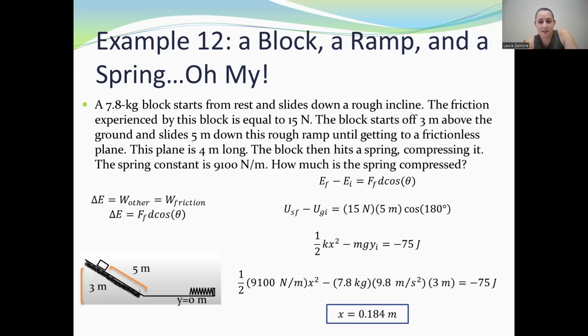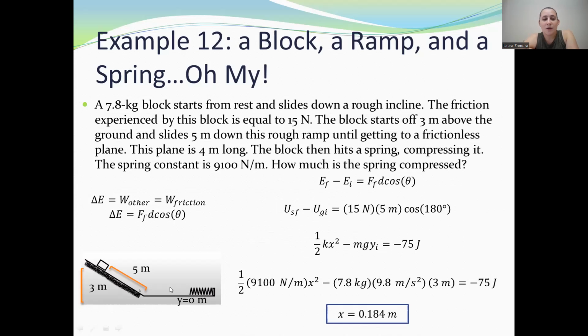How did you get the potential energy of the spring as your final? That second line there after energy final minus energy initial. Yes.